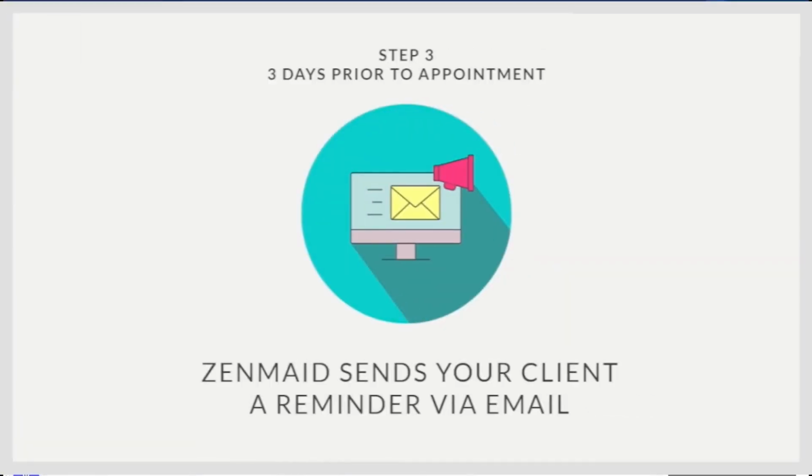So then when the appointment is coming up, you have the ability to send multiple reminders. You can send one email reminder and you can send one SMS reminder to your clients. So Courtney Wisely, for example, who ran Magic Maids in St. Louis or near St. Louis, what she did with this feature was, because her cancellation policy was 48 hours in advance, she would send an email reminder to her clients 3 days ahead of time using ZenMaid automatically, so that her clients had a 24-hour grace period to let her know if they needed to cancel or reschedule for any reason.